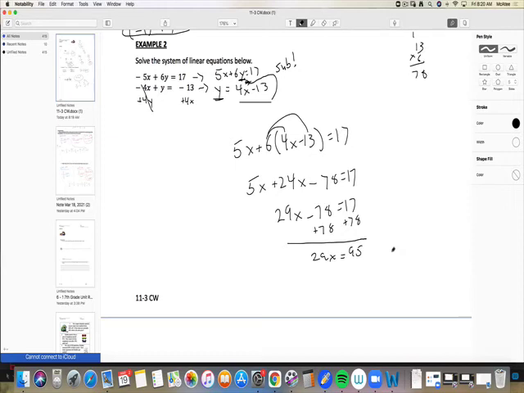Did I do something wrong? Yeah, I did. Negative 5x.